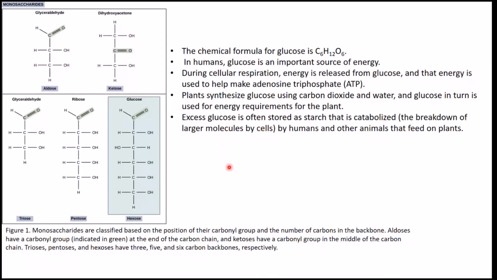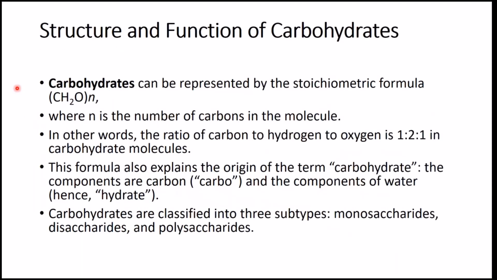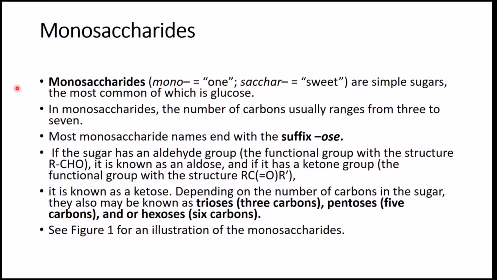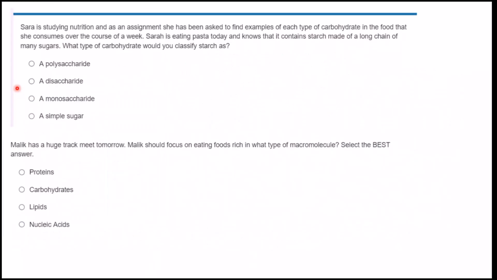Excess glucose is often stored as starch, which is catabolized, the breakdown of larger molecules, by cells, by humans and other animals, respectively. So we'll also go through the monosaccharides, structure and function of carbohydrates in your notes.